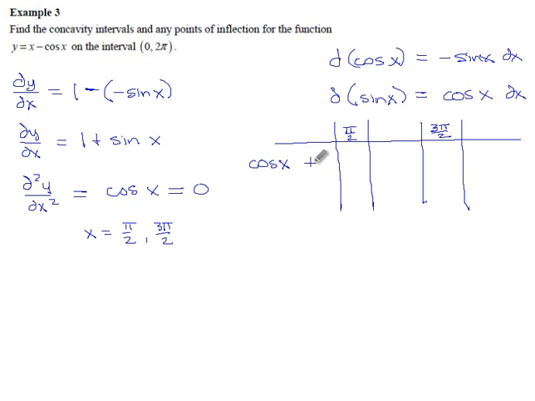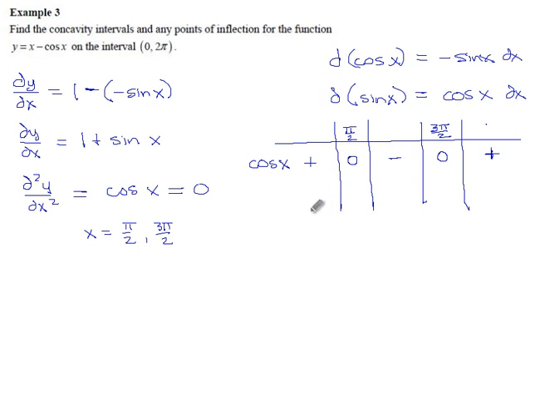We're in quadrant 1. Cosine pi by 2 is cosine 90. That's 0. Between 90 and 270, we're in one of the left two quadrants, quadrant 2 or 3, so cosine is negative there. 3 pi by 2 is 270. Cosine is 0 there. And once you go past that, you're over into quadrant 4 where cosine is positive.